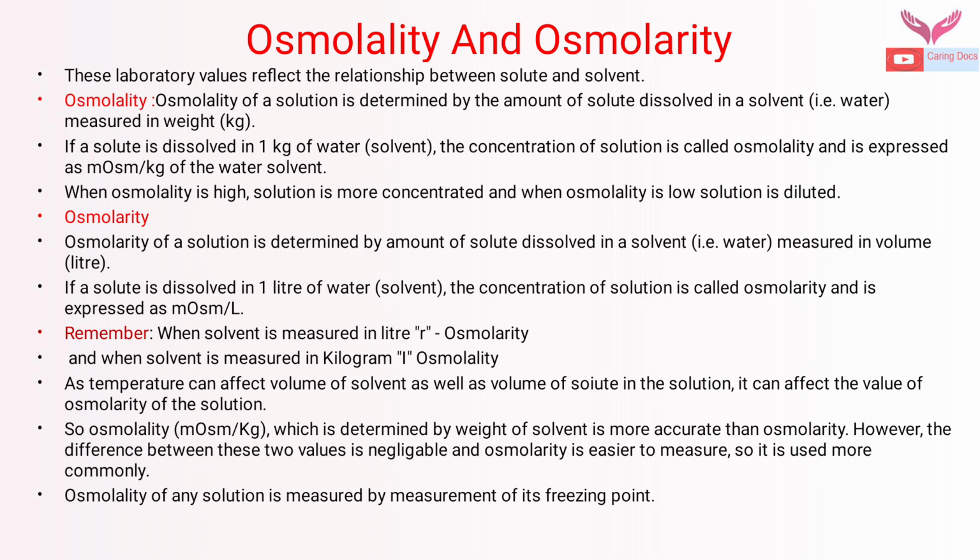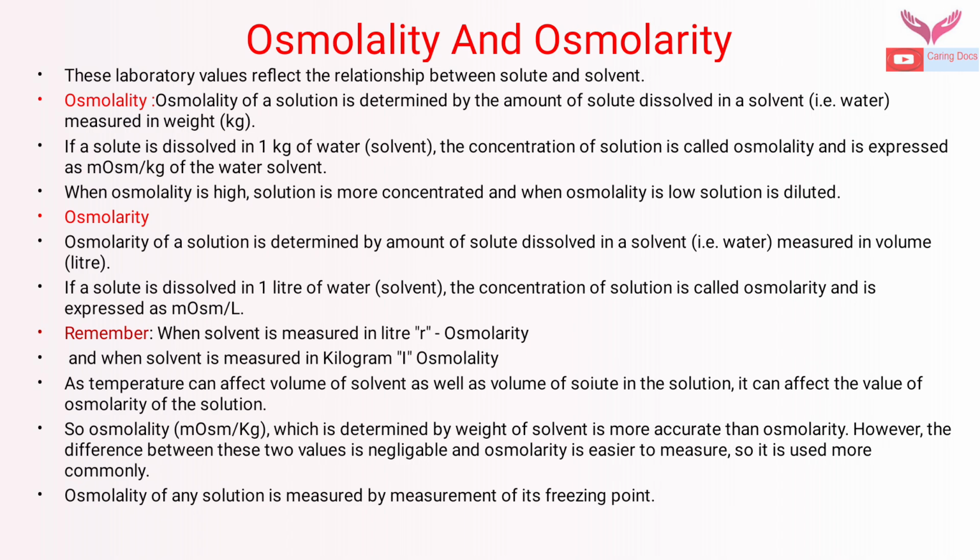Coming to osmolarity, it is determined by the amount of solute dissolved in a solvent measured in volume, that is liters. Osmolality is when the solute is dissolved in solvent measured in kgs, and osmolarity is when the solvent is measured in volume.